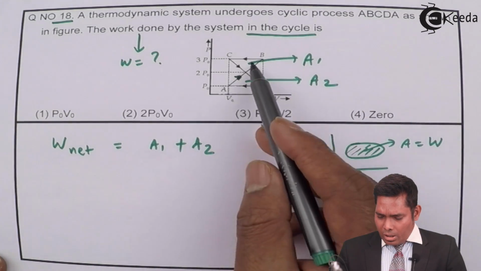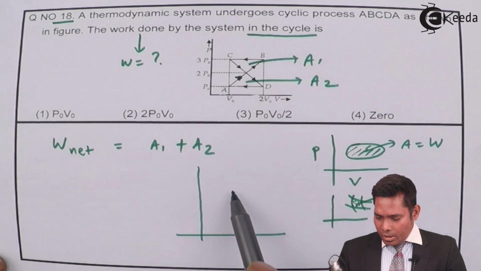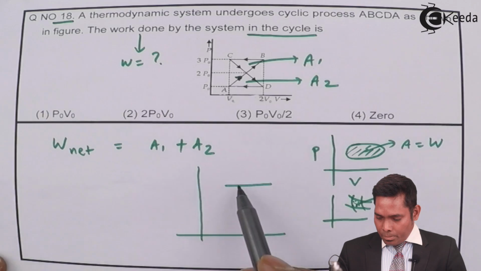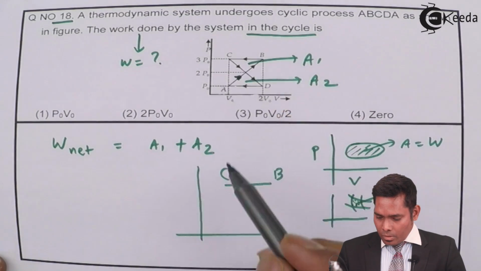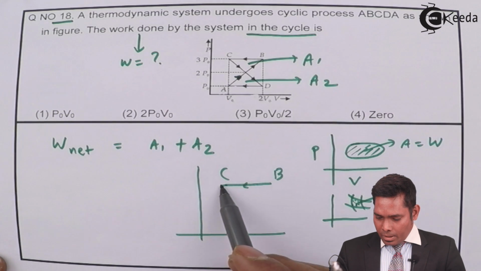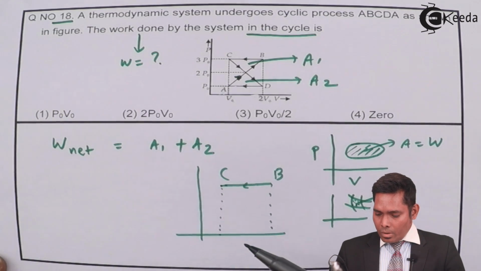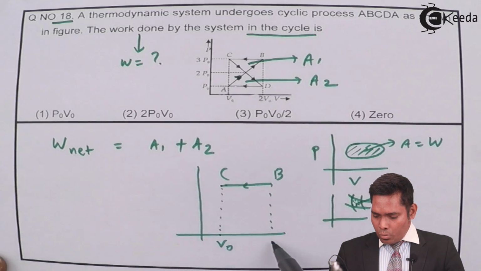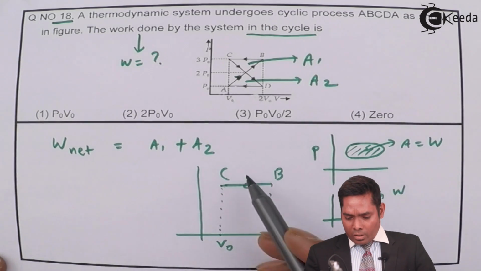But as you can see, the upper one, the BC part, is something like this, and here is V naught, here is 2V naught, and this is the whole area under this curve.